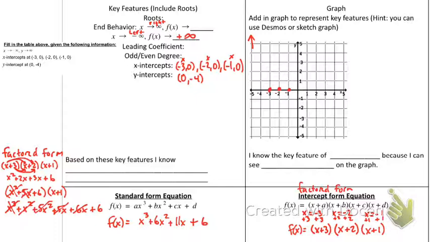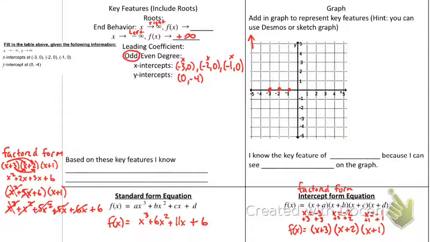Okay, so we have this. Now, if you look, this can tell us our degree. Remember, in standard form, it's your highest powered term. So our degree here is 3, which makes it odd. Okay? And what does that tell us about our end behavior?